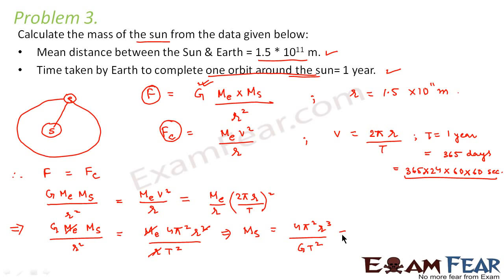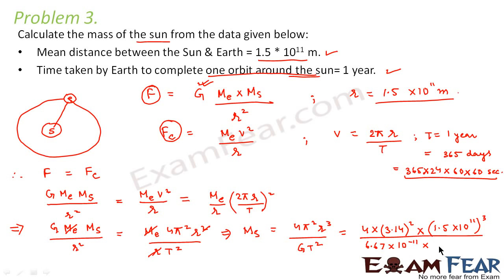Now here we will put the values. 4 into pi square, pi is 3.14, so 3.14 square. The value of r is 1.5 into 10 to the power 11, so 1.5 into 10 to the power 11 whole cube, divided by the value of G, which is 6.67 into 10 to the power minus 11, into t square.